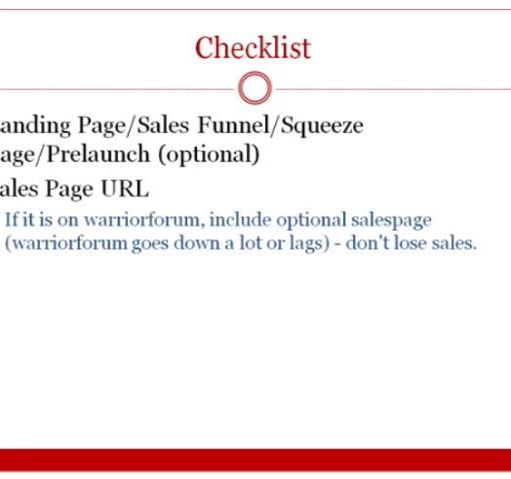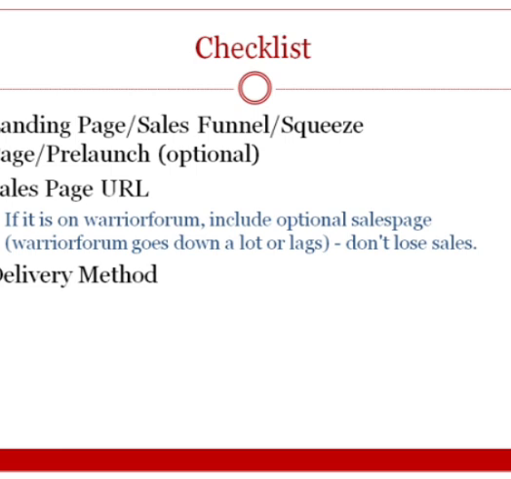So if your site, your website, your sales page lags, then you're going to lose sales. So if it is on the Warrior Forum, then you can also include an optional sales page, which is a really, really cool feature. You're also going to need to specify the delivery method.